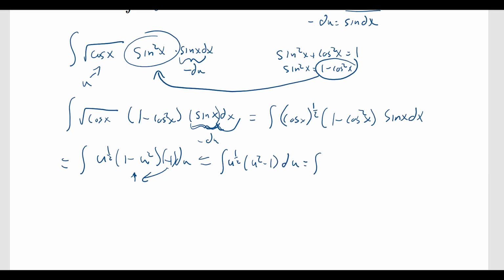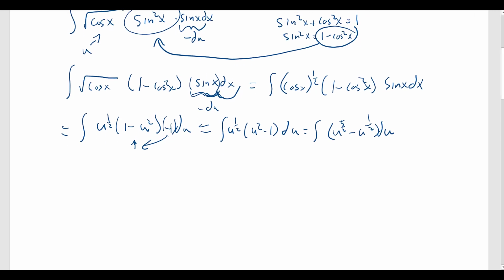So I end up with the integral of u to the, now it's 1/2 plus 2, that makes it 5/2, minus u to the 1/2 du. And the antiderivative for this, just the power rule, it's pretty straightforward.